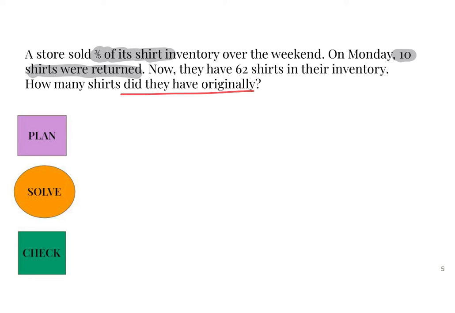So if they got rid of 3/5, there are 2/5 left over. So I'm going to let X represent the number of shirts. So there are 2/5 X shirts in the inventory. And then on Monday, 10 shirts came back. So we added 10 more shirts to our inventory, and there is a total of 62 shirts.